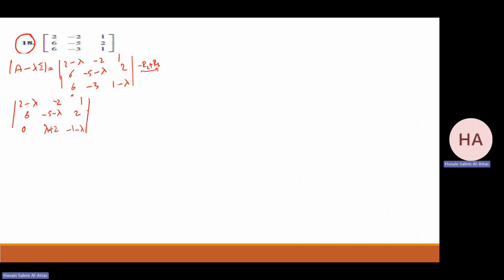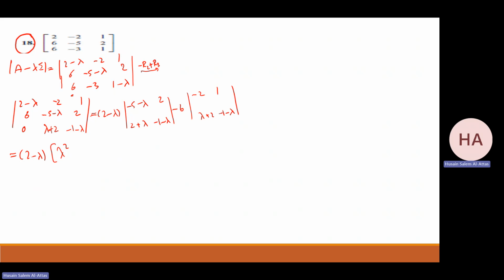Okay. So let me try the last time. The 2 minus lambda is minus 5 minus lambda 2. 2 plus lambda minus 1 minus lambda minus 6. I cancel this with this. Minus 2, 1 lambda plus 2 minus 1 minus lambda. This is 2 minus lambda times what?